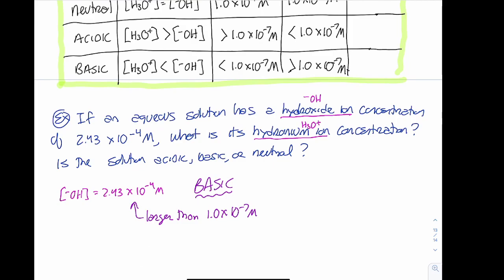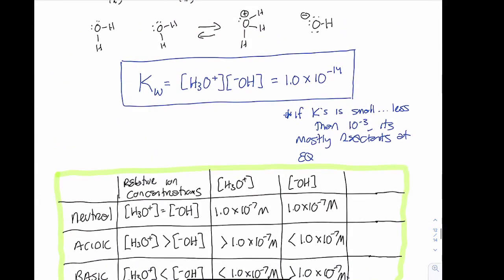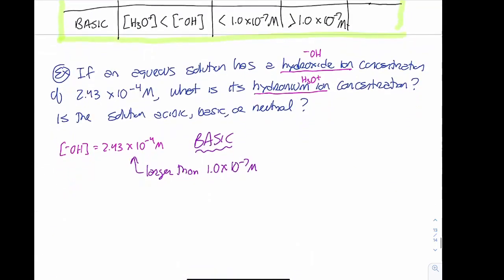Calculating my hydronium ion concentration, we're just using my Kw expression, my ionization constant for water. I know that those two multiplied by each other is always equal to Kw. So 1.0 times 10 to the negative 14th is equal to my hydronium ion concentration, which is my unknown in this problem, multiplied by my hydroxide ion concentration.